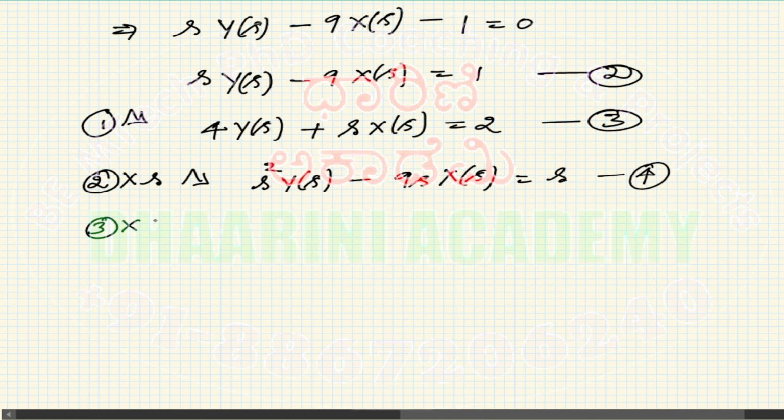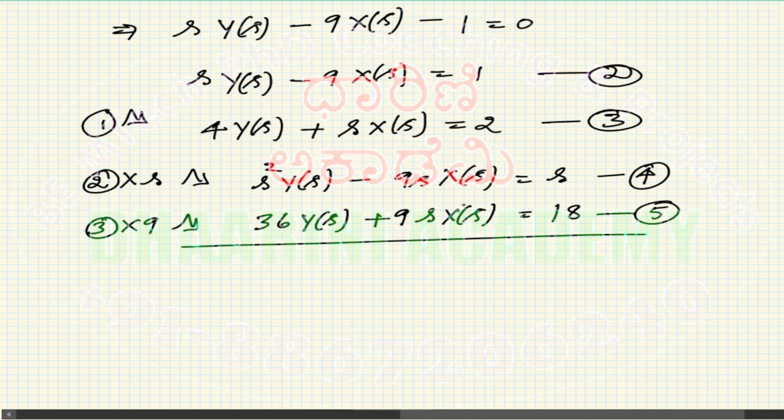Equation number 3 I will multiply by 9: 36 y of s plus 9s x of s equals 18. When I add, these two terms will get cancelled. This is s square y of s plus 36 y of s equals s plus 18.